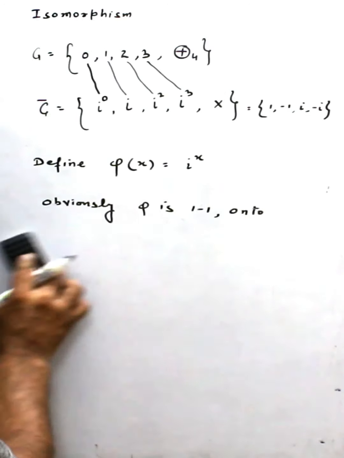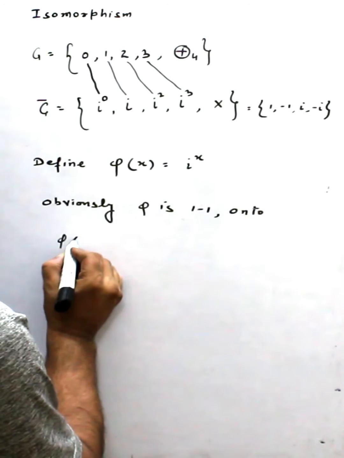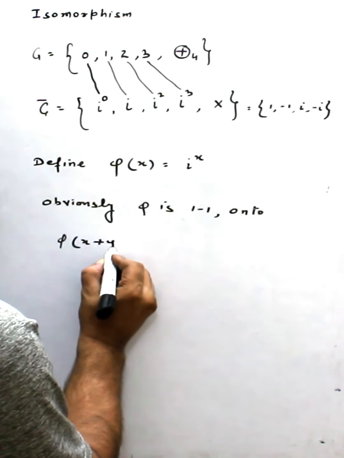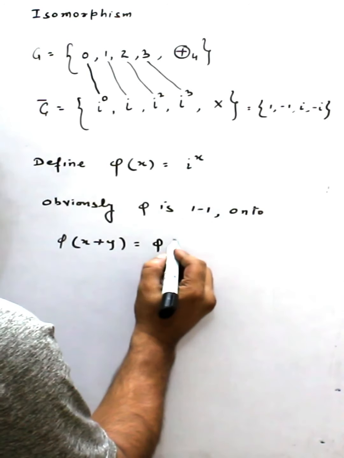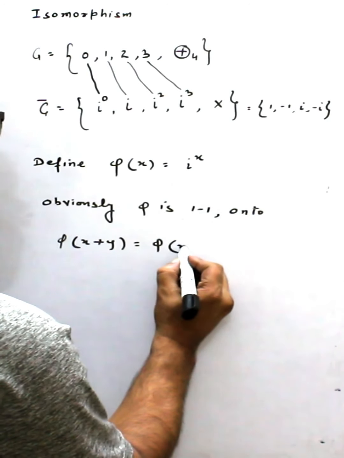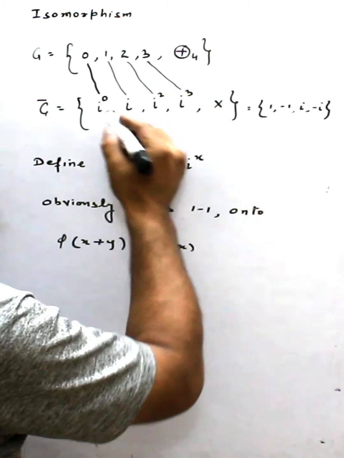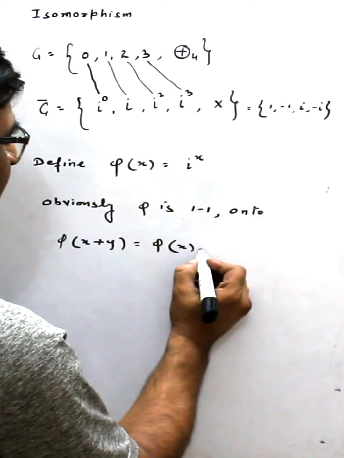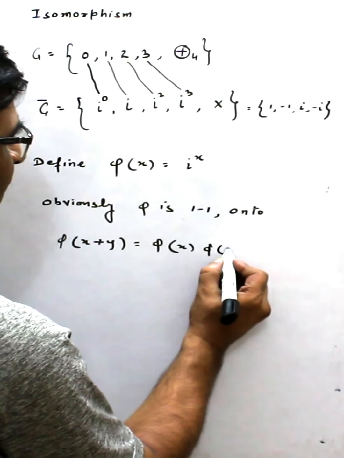Actually we have to show phi(x + y) is equal to phi(x) times phi(y), because the operation in G bar is multiplication.